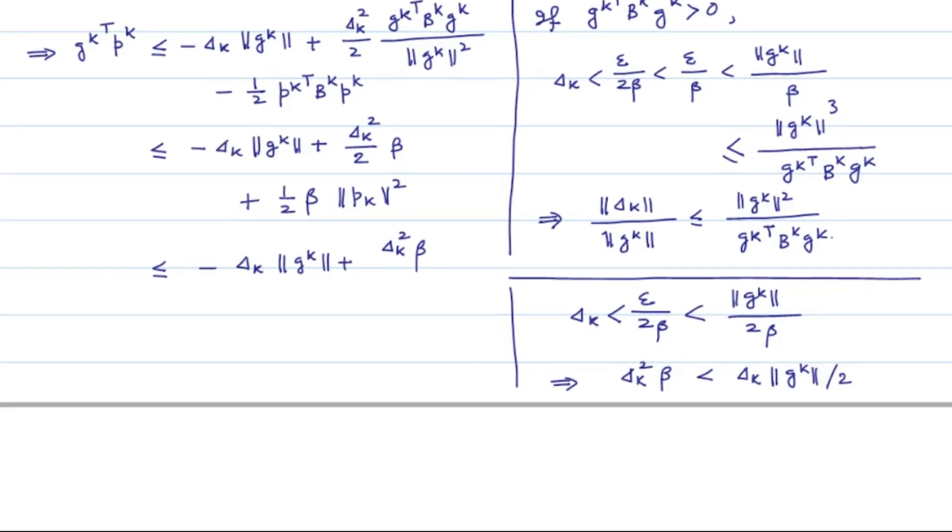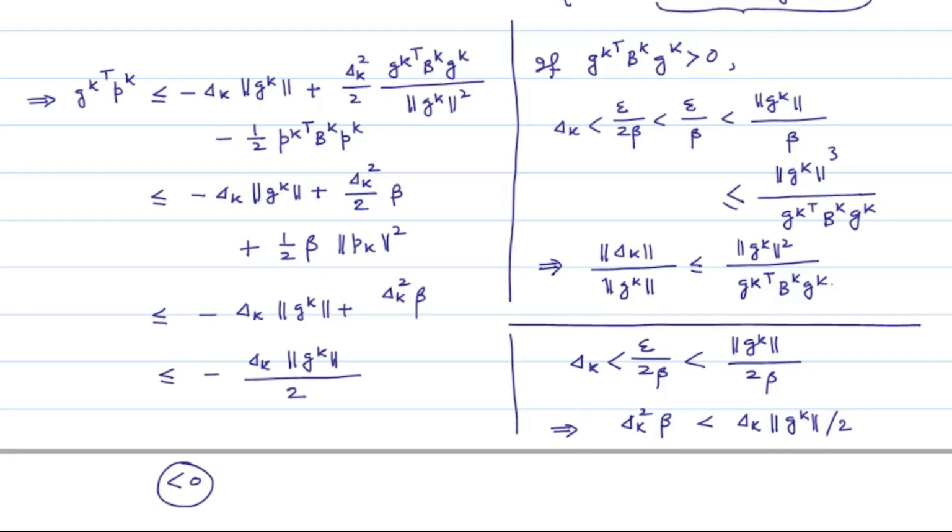Hence g_k^T p_k is further less than or equal to minus delta_k norm g_k divided by 2, and therefore g_k^T p_k is obviously less than 0, and hence p_k is a descent direction for the objective function.